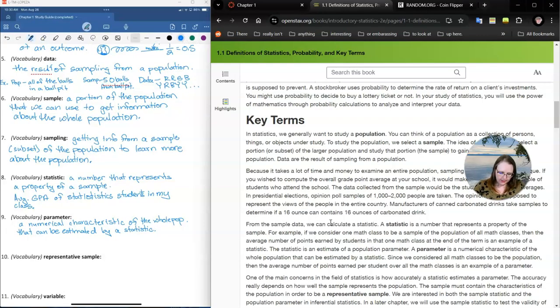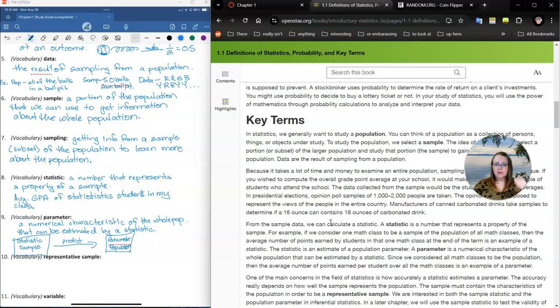So I'm going to write statistic, sample tells us predict a parameter of the population.